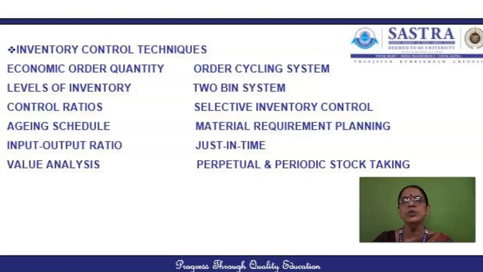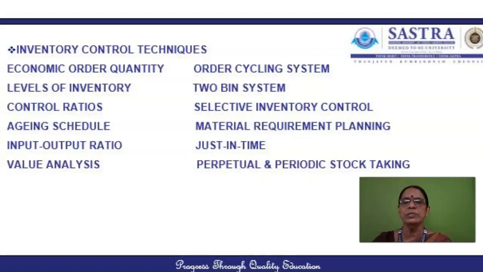So these ratios may be separately calculated, and they must be analyzed by the purchase manager mainly to know about the various turnover of the inventories. Next comes the input-output analysis.